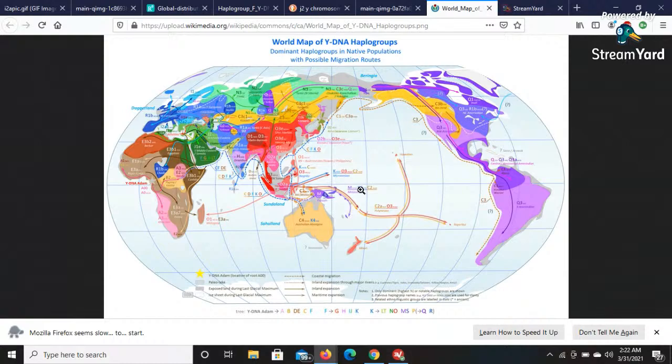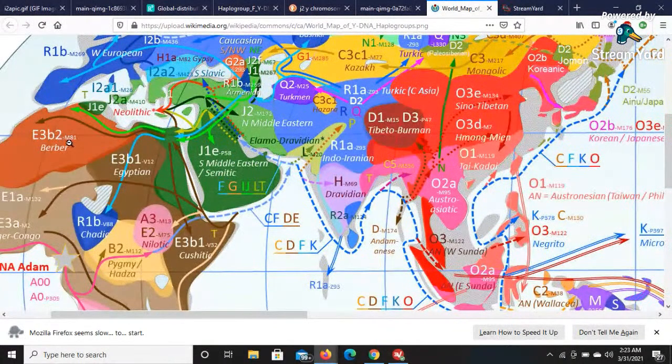Okay, so previously on the Y chromosome, we had decided on the three Hamitic Y chromosomes of the Cushites, Egyptians, and Phoenicians, and the Canaanites are lost here somewhere.